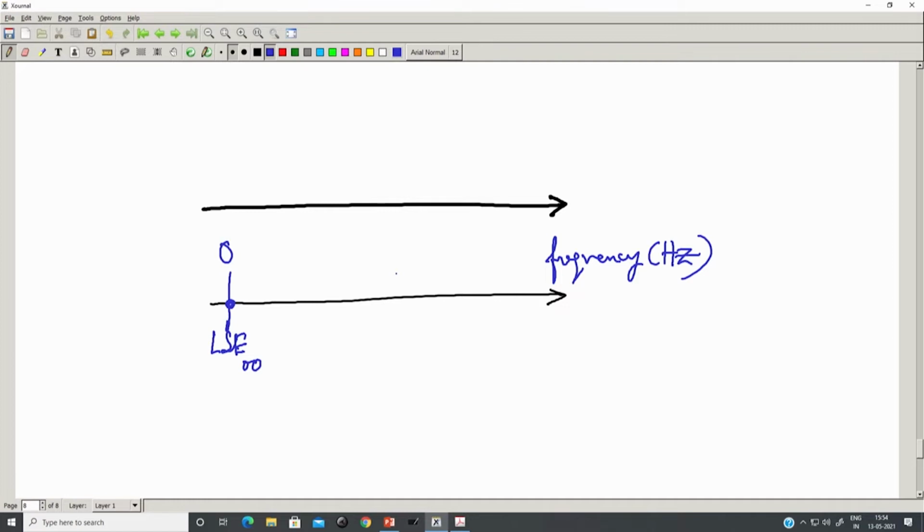Essentially it would propagate down to DC, followed by the LSE 01 mode, which is the next higher order mode, and then followed by the LSM 01 mode, which is the next higher order mode, and then will come the other higher order NRD modes.